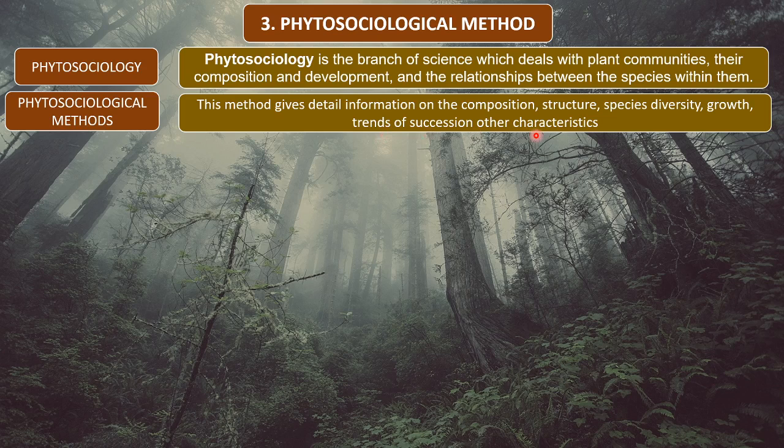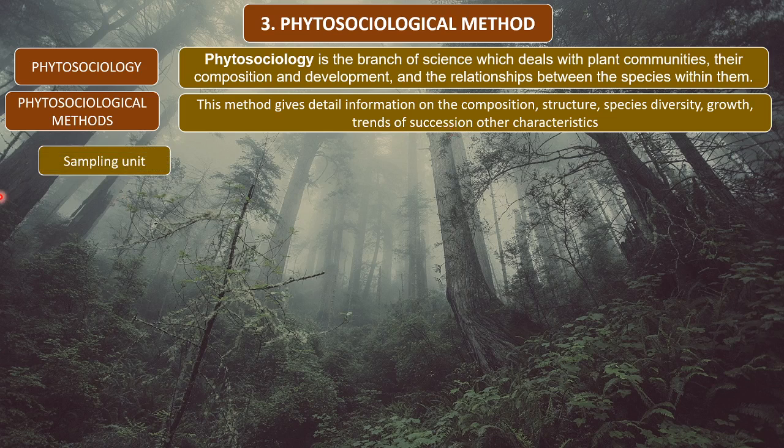So the phytosociological method is a more used method to study the characters of plant community. As I told, floristic methods are obsolete, but phytosociological methods are still used to obtain the characters of community.